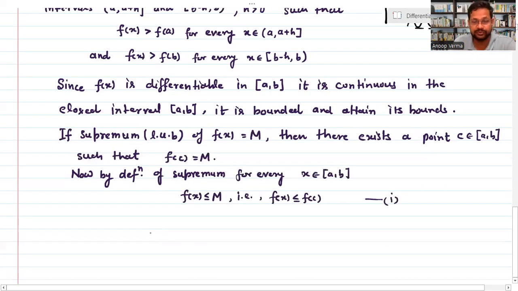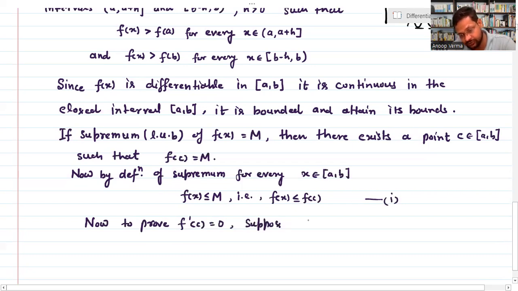Okay, so if fx or fc, you know that this is the value of the supremum, है ना? Okay. So now what we have to prove? Now to prove that derivative of this point is just equal to zero. So suppose कि ये चीज हमारे पास नॉन जीरो है, suppose the f dash c is not equal to zero, ठीक.